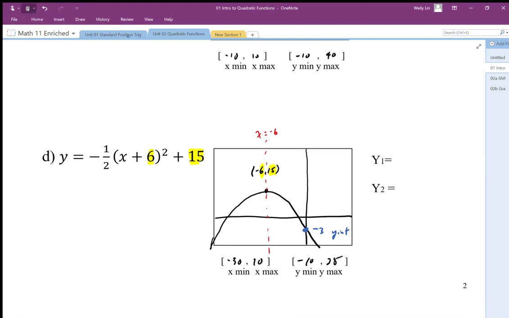Our zeros for this graph, that point here and that point there, those are the zeros of that graph. I'm going to calculate the zeros. We have a 0 at negative 0.5. I'm going to round this to 5.2. Okay.